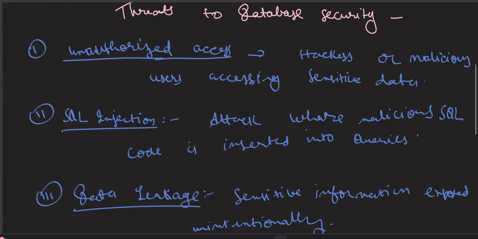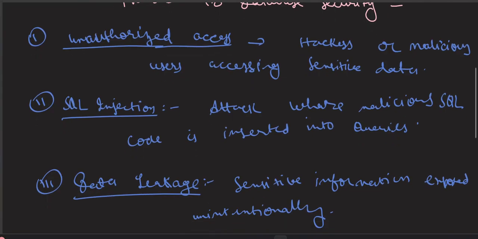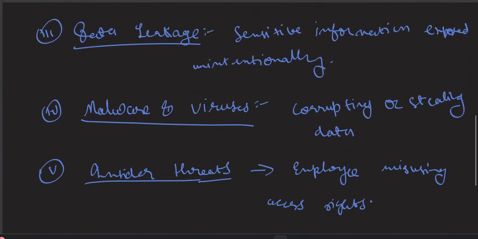The next one is SQL injection, an attack where malicious SQL code is inserted into the query. So suppose you are writing a query and some malicious SQL code is inserted in it, then it is called SQL injection. The next threat in database security is data leakage, or database leakage. You can say both are the same thing.